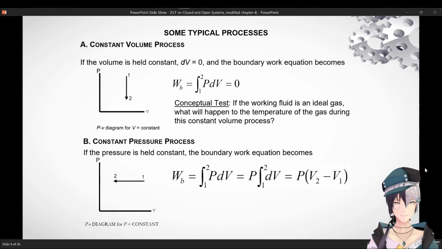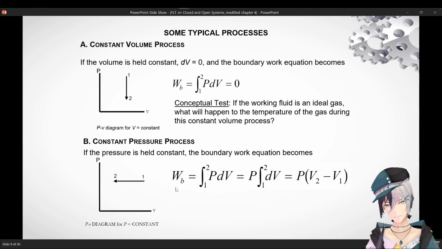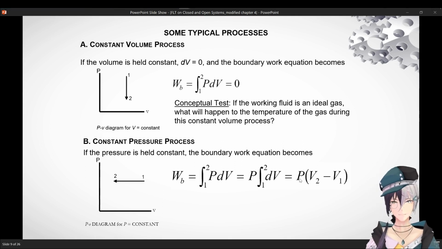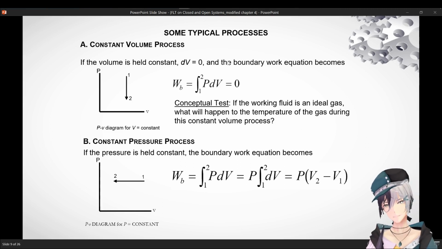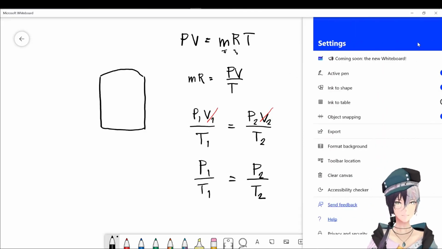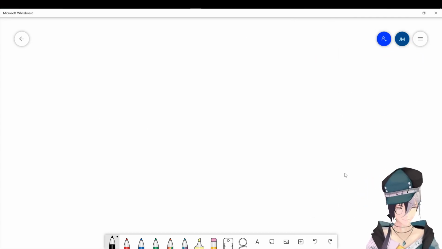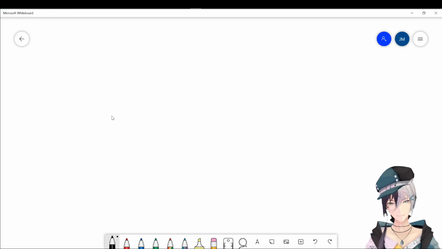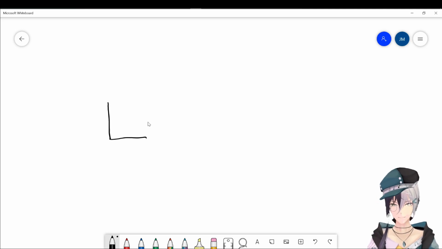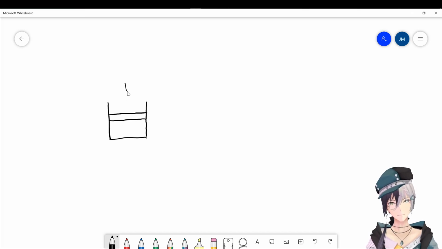So for isobaric process, boundary work is pressure multiplied by volume 2 minus volume 1. Let's consider a piston cylinder assembly, and then it is spring loaded.